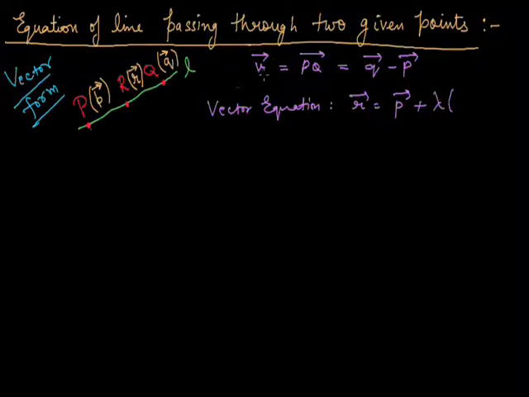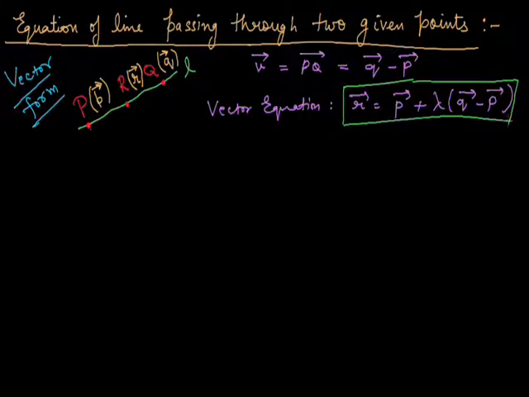We have assumed that V vector is the parallel vector, which can be written as Q vector minus P vector. So this equation is the vector equation of the line when we are given that the line passes through 2 given points.